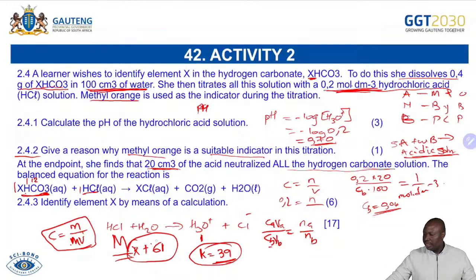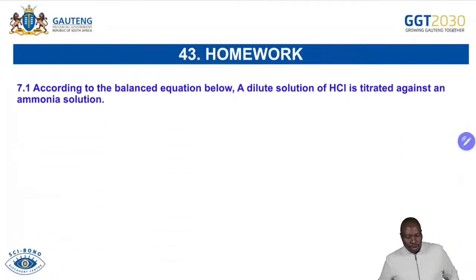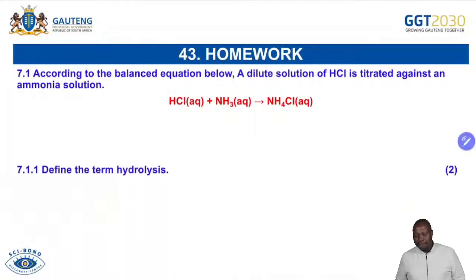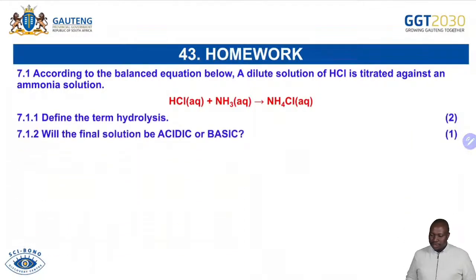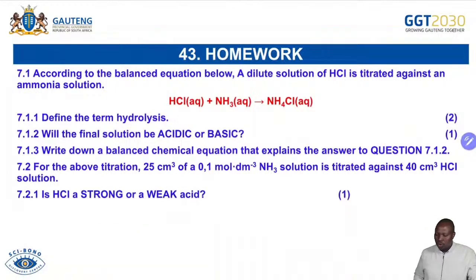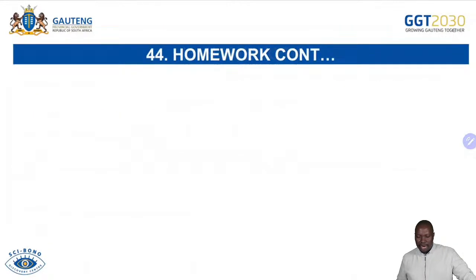Now, as I conclude, I will give you homework that you will do at your own time. According to the balanced equation below, a dilute solution of HCl is titrated against an ammonia solution. You can just take a picture of the questions, do them at your own time, and practice to see what you have understood and what you don't understand.